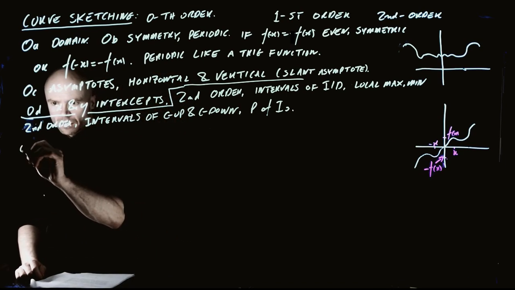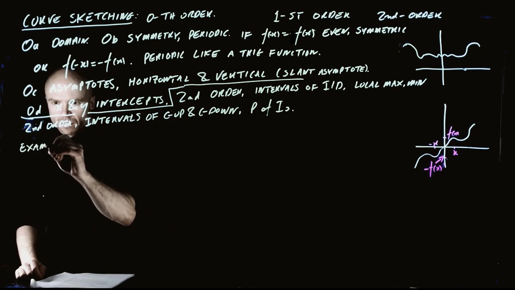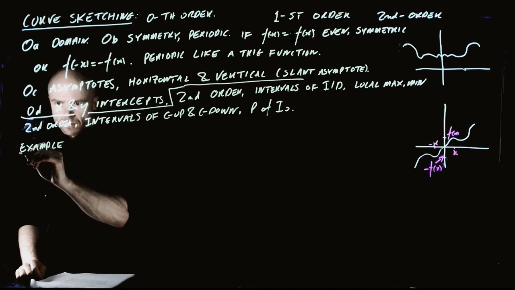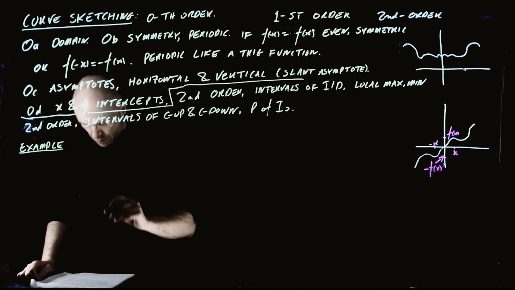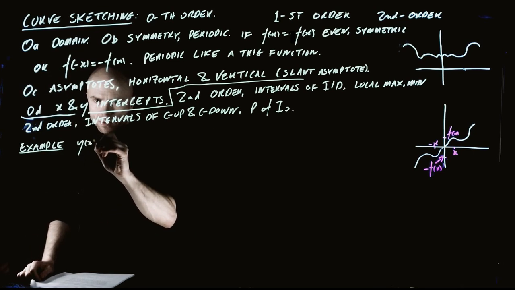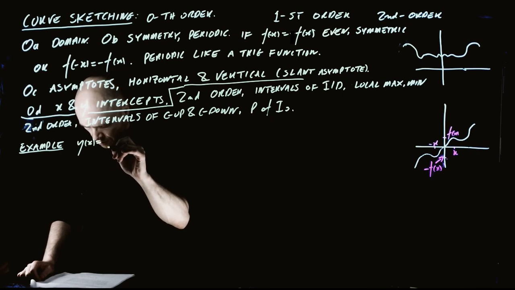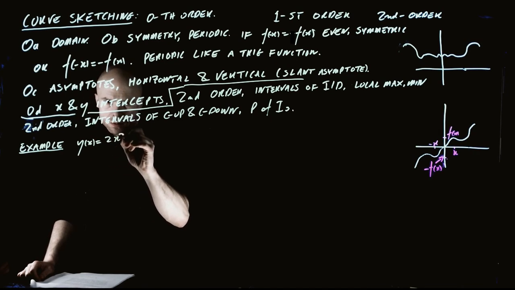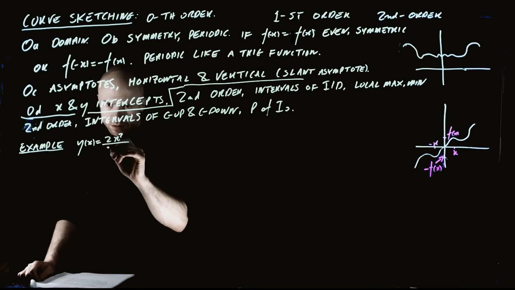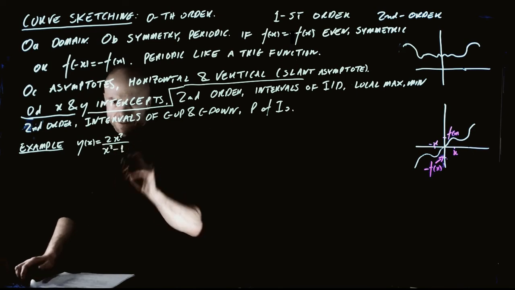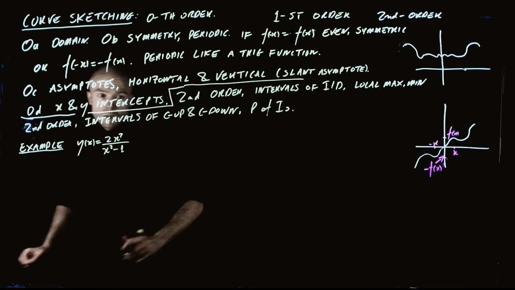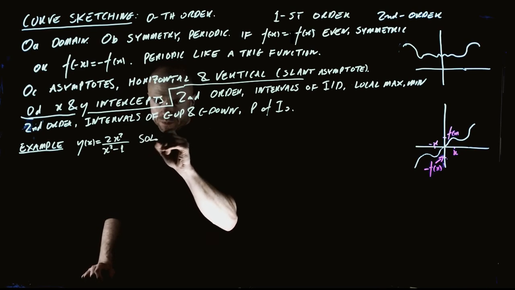This function: y of x is equal to 2x squared over x squared minus 1. Okay, solution.